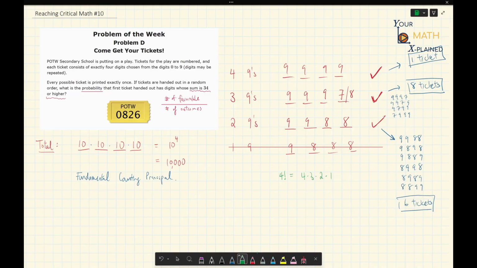It is a pretty well-known formula where if we wanted to calculate the number of orderings of objects that have repeated objects, it is n factorial over n1 factorial, n2 factorial, up to n sub k factorial, where the n sub 1, the n sub 2, and the n sub k's, those are the number of repeated objects, and the n without the subscript is the total number of objects.